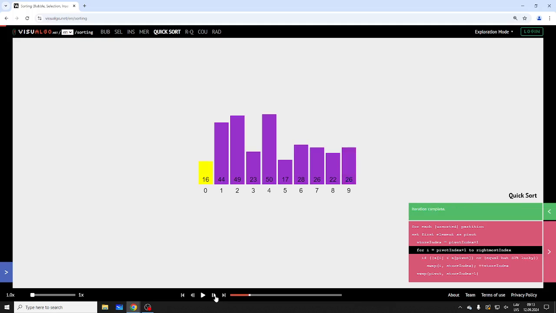Is this good? It's okay, but notice something happens: everything is on the right side. It's completely imbalanced, extremely imbalanced. This is actually the worst case scenario. We chose a really bad pivot. This is random, so I'll have to do it again, but yes, this is a bad case scenario.